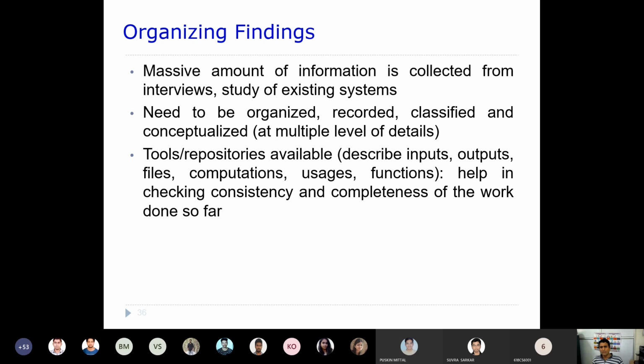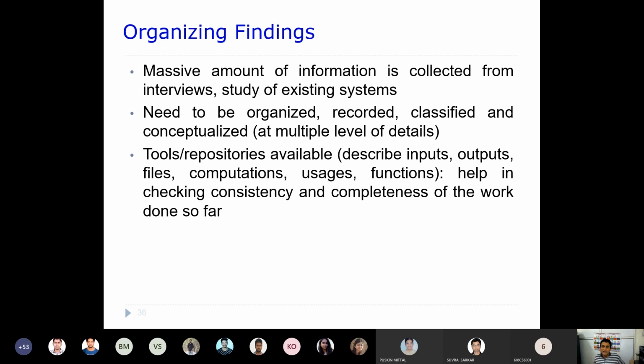Whatever information is collected is a very huge amount of information. That information needs to be organized, recorded, classified, and sometimes conceptualized. Maybe you keep the data in the form of some tree hierarchy or something like that, so as to understand the data.